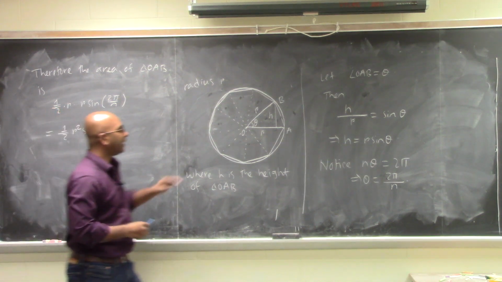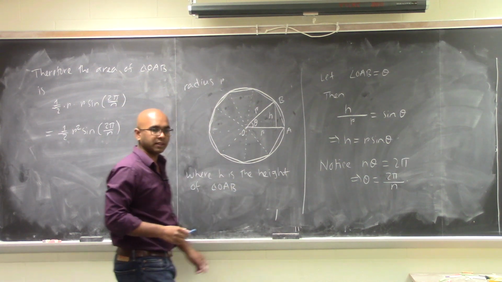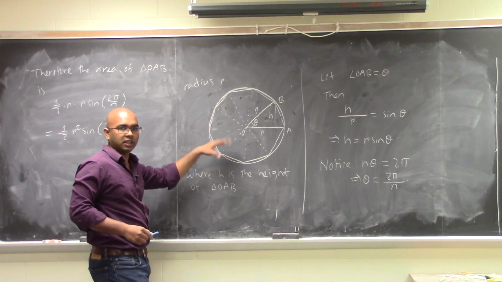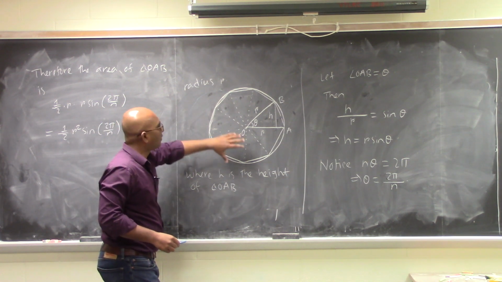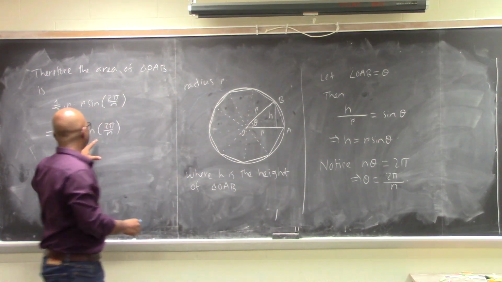That's the area of just this piece, this triangle. And there are n such triangles. They are all congruent, right? Therefore, the area of this polygon is n times this.